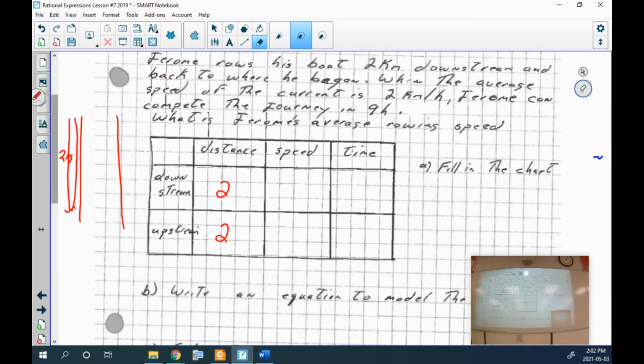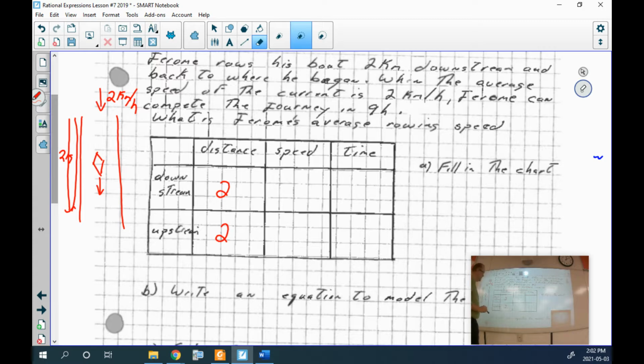Now, when he's going downstream means he's going with the current, like what I did this morning, I'm going with the wind. So the wind is giving me a push, right? So we have a 2 kilometer per hour push if his boat is going in this direction.